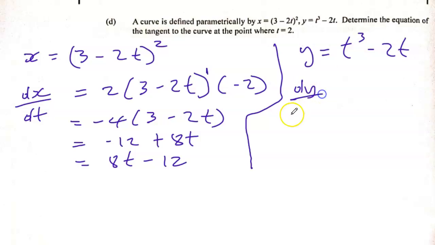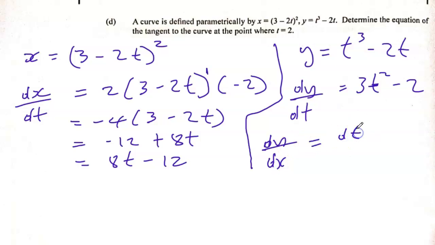Therefore, dy by dt is 3t squared minus 2. So now, remember that dy by dx is dy by dt divided by dx by dt.